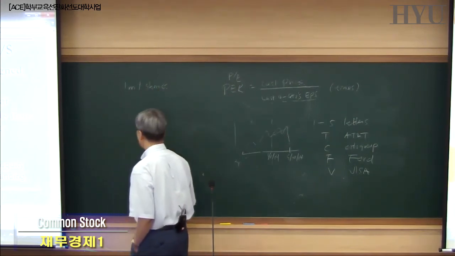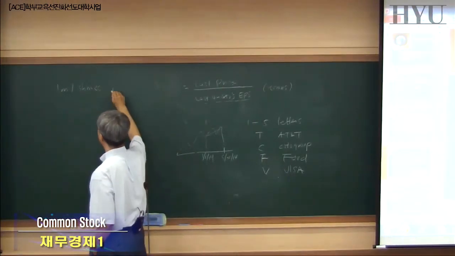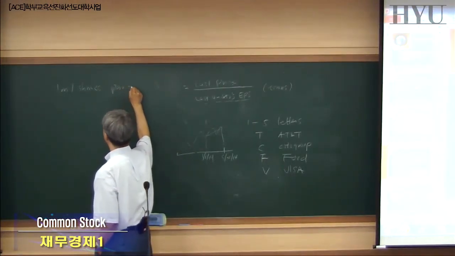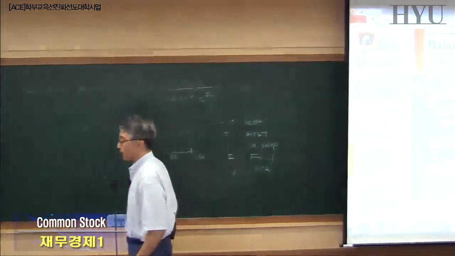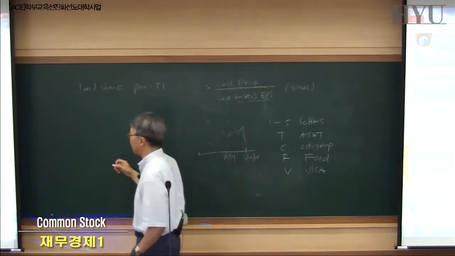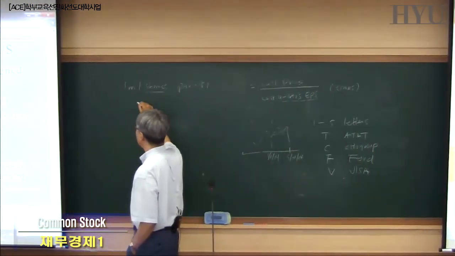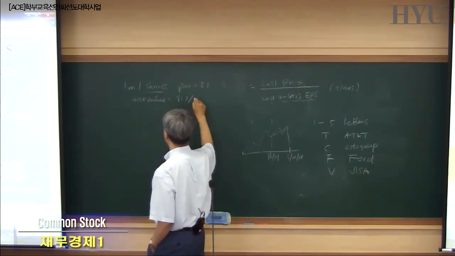$1 million shares at a par value of $1. But suppose they sold these shares at $10 each. So each share's market value was $10 per share.